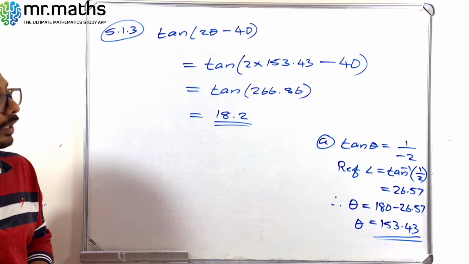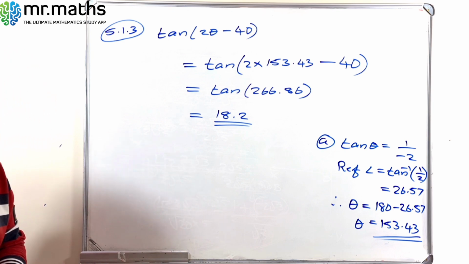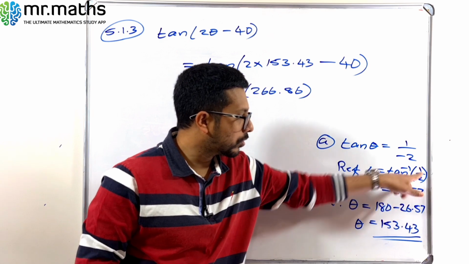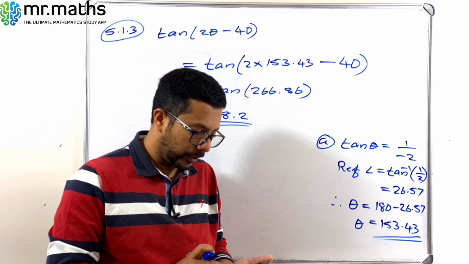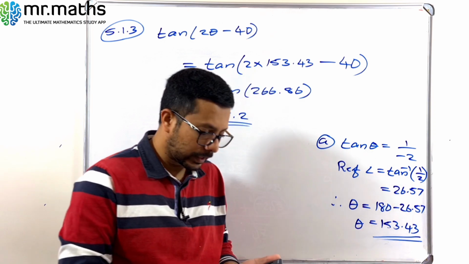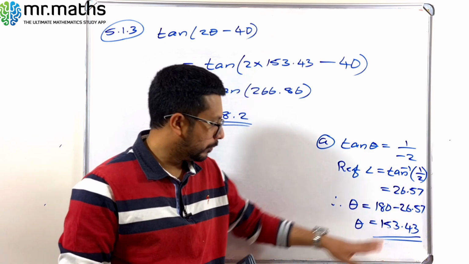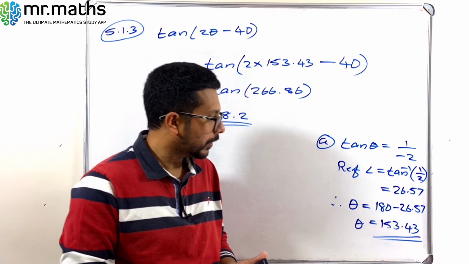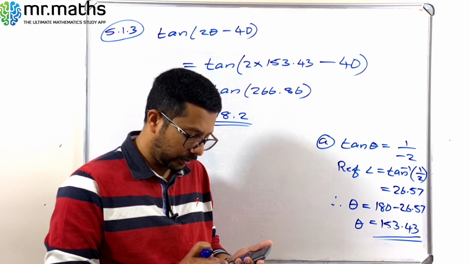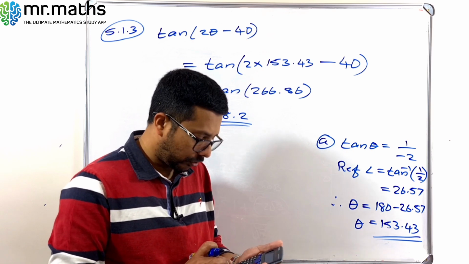So maybe listen here guys, here tan inverse of half, check in your calculator. Maybe when you round it off here, there is a slight difference, so you must not round it off here. Let me check what is shift tan inverse of 1 over 2.